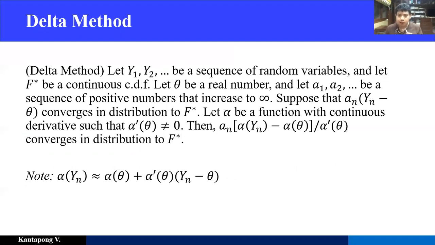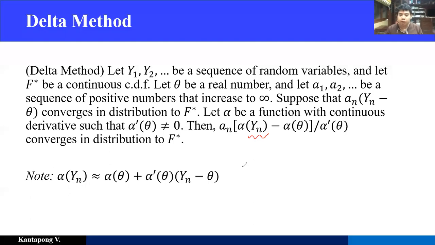Okay, the delta method is that you have Yn, and you know the distribution of Yn. But you want to find g of Yn. Actually, you could do something like what we have studied in chapter 3 and chapter 4 about finding the PDF.